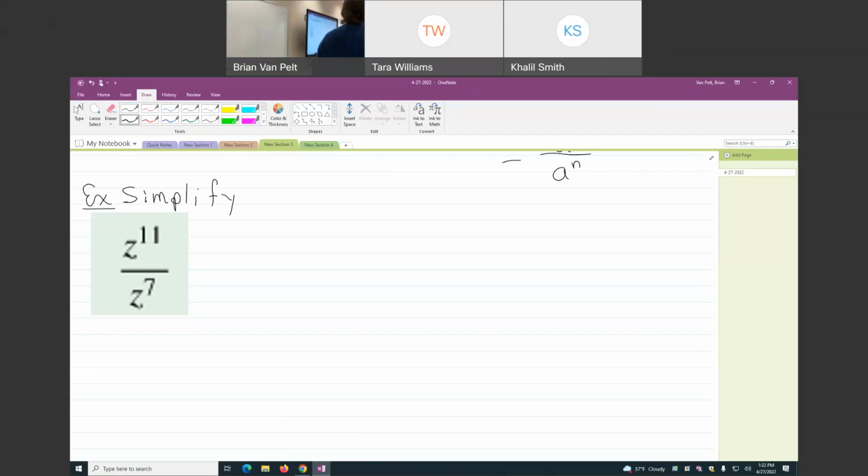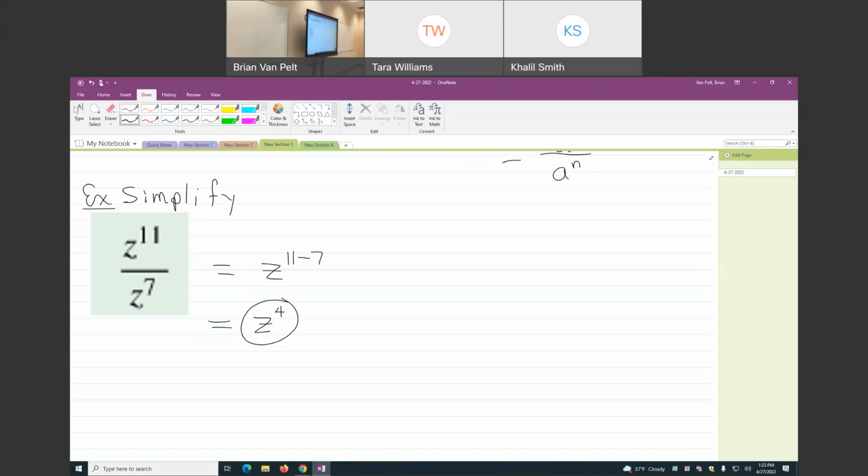And whenever you're dealing with exponents like this, when they say simplify, they want you to get positive exponents for your answer. So what do you get when you simplify it? z to the fourth power, because you can rewrite this as z to the 11 minus 7, correct? That'll be z to the fourth power. Exactly right.